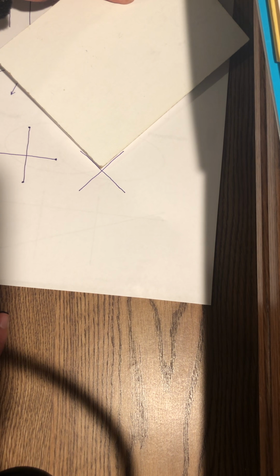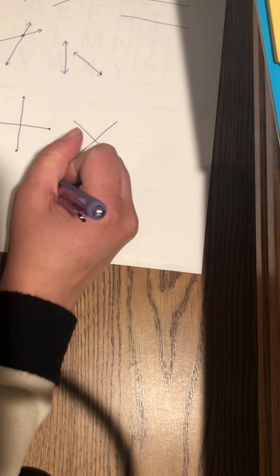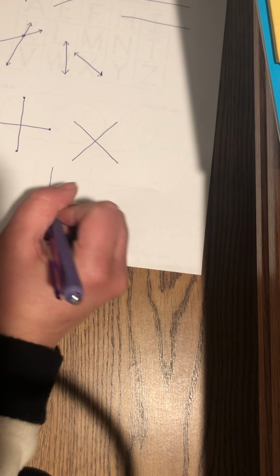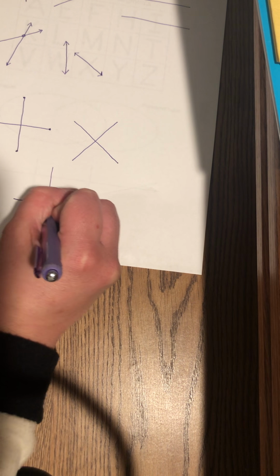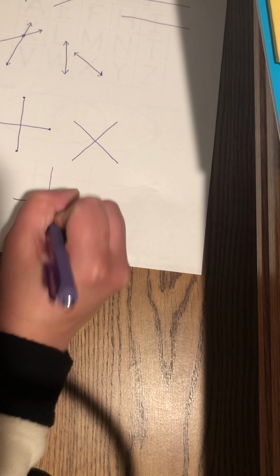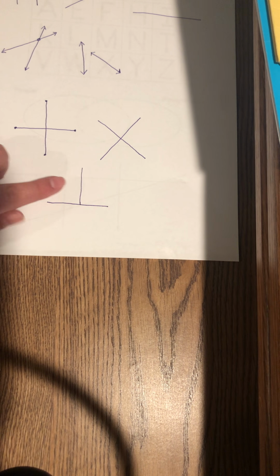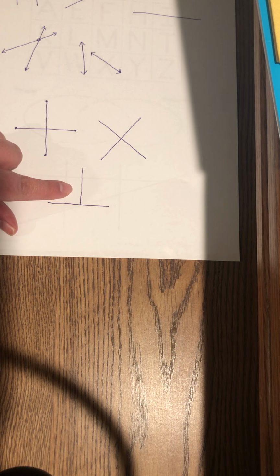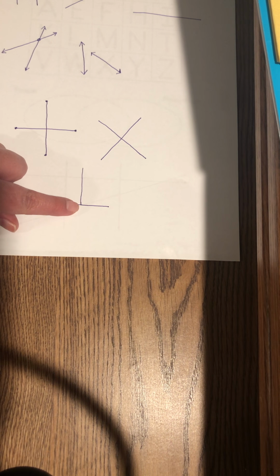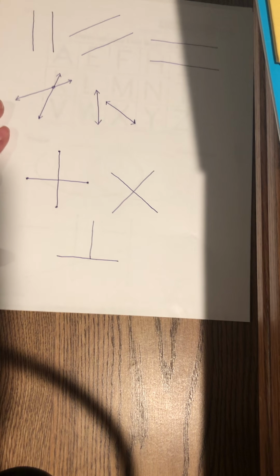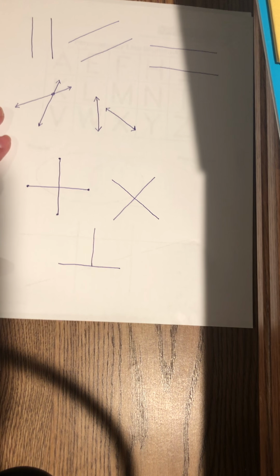I can still fit a box in there. So these are perpendicular lines. Even if they don't go directly through, it's still a perpendicular line. Once again, 90 degrees at this angle where they intersect. So those are our perpendicular line segments.